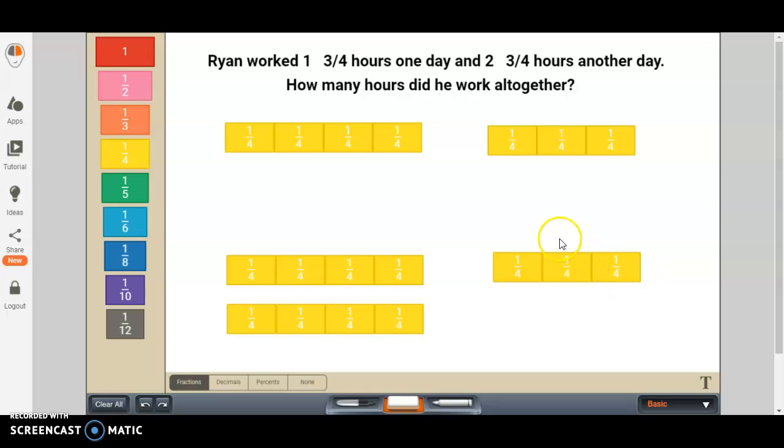So let's see. If I count them all up, I have 1, 2, 3, 4, 5, 6, 7, 8, 9, 10, 11, 12, 13, 14, 15, 16, 17, 18. I have 18 unit fractions, which means my answer will be 18 fourths.